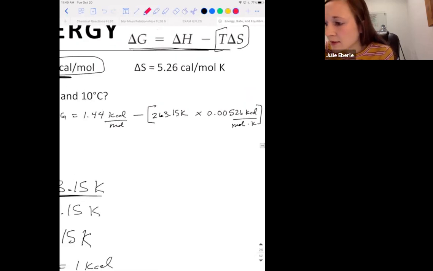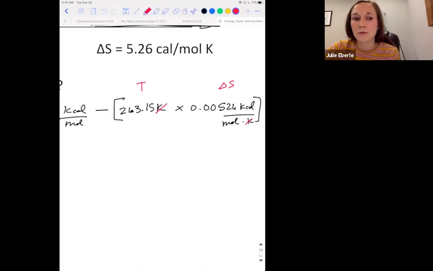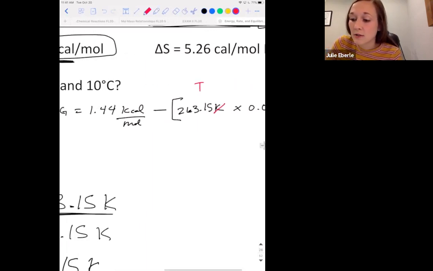Now, what do you notice happens? If we're multiplying the temperature and the delta S, the kelvins cancel. Now we have units of kcal per mole on this new number, which match the units of delta H over here. So now we can add them or subtract them. And we're going to be subtracting them.